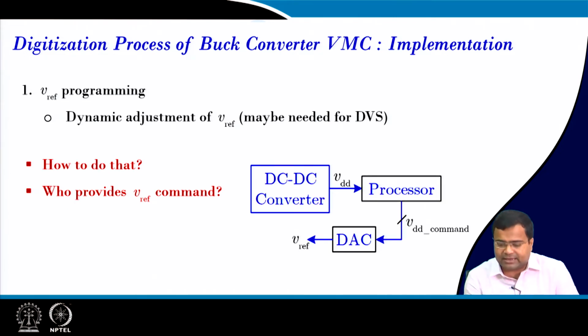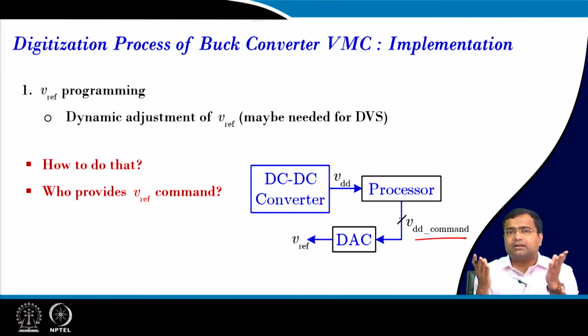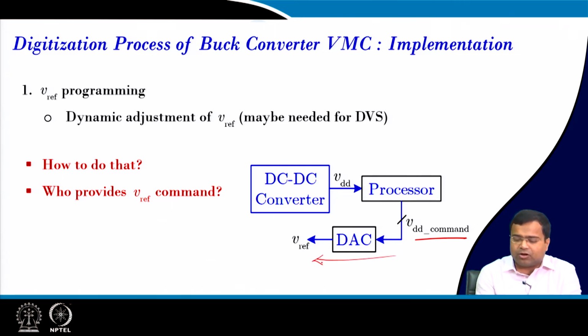As I said, this DC-DC converter is supplying a processor, and based on the task, the processor will ask for a required VDD, that is a VDD command, and that is nothing but your reference voltage. This command comes from the processor as a digital number, and you have to convert it to an analog voltage, because this reference voltage is the reference for the voltage mode control, and this whole control is analog. So you need a D2A converter.